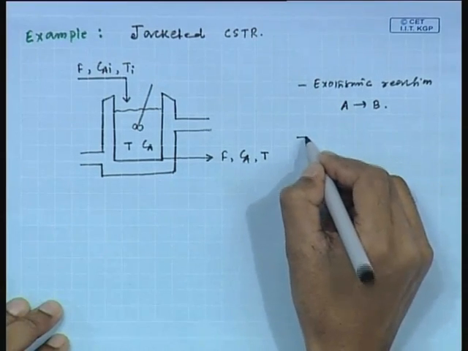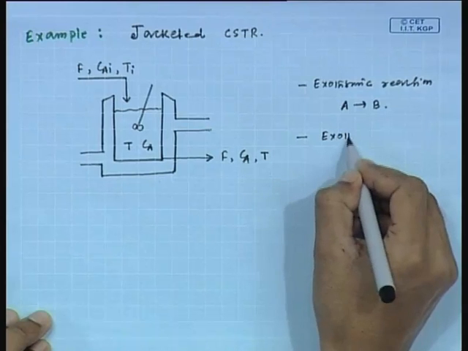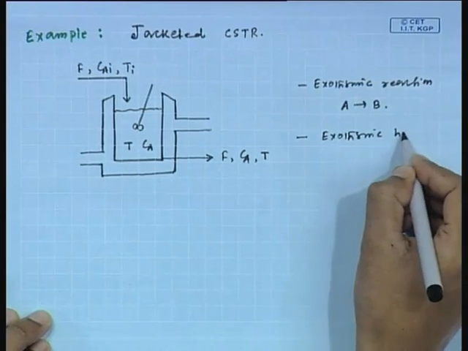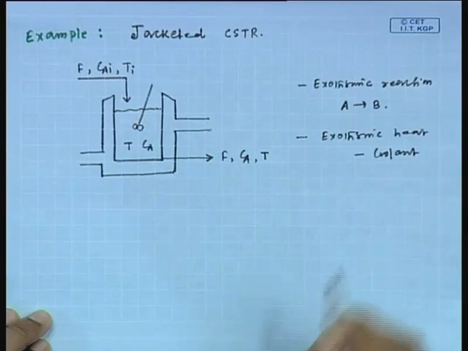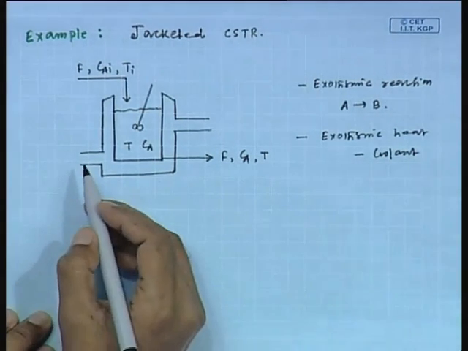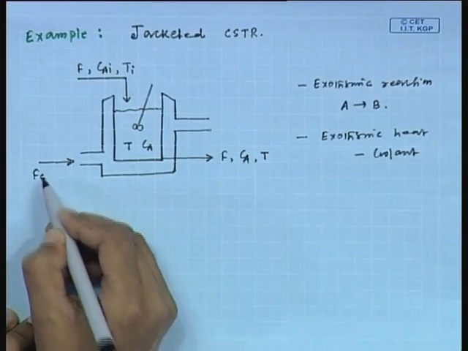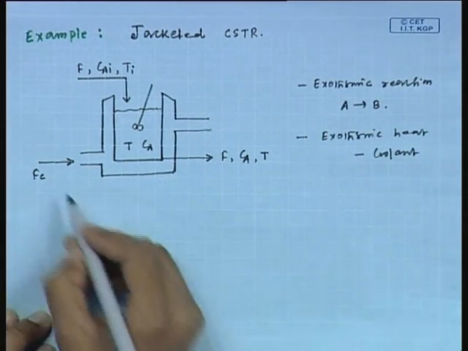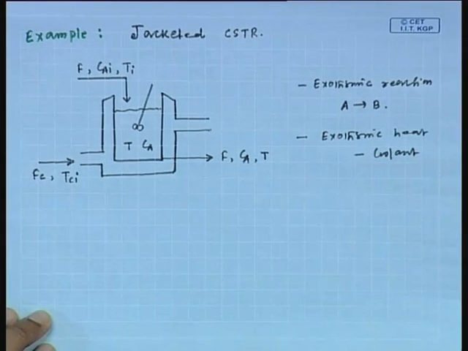Now, the exothermic heat is removed by passing a coolant through the jacket. Suppose the coolant flow rate is Fc and the temperature of the coolant is Tci.